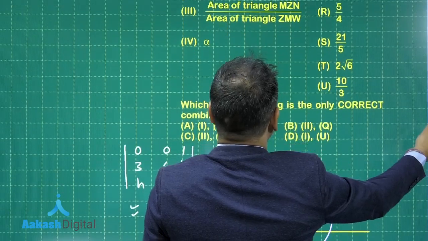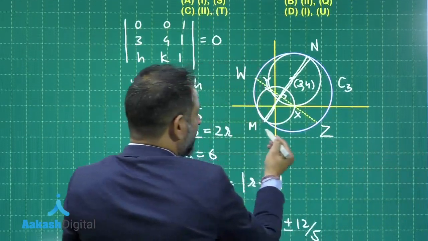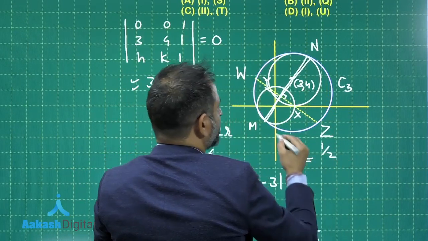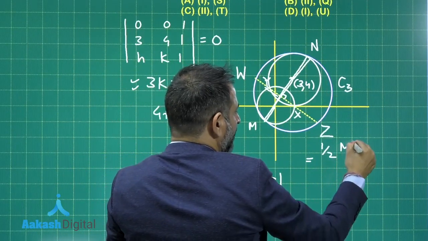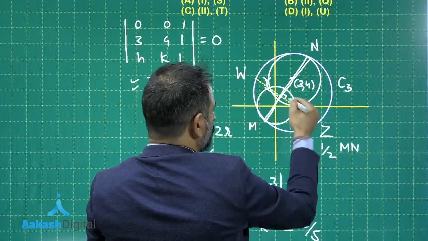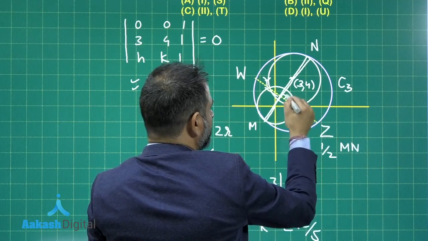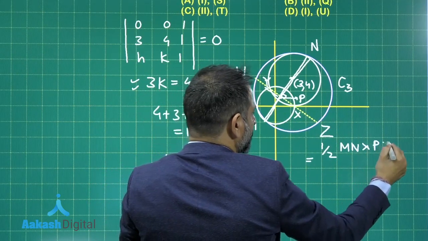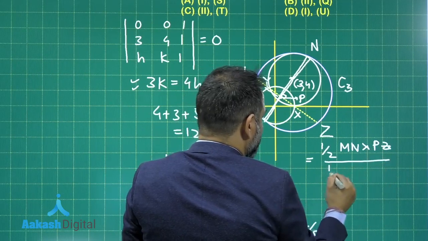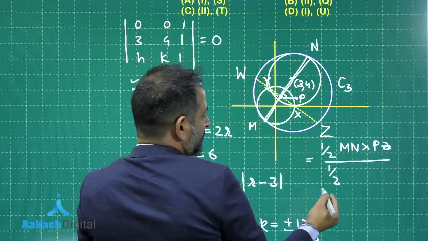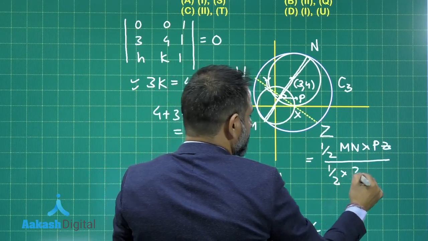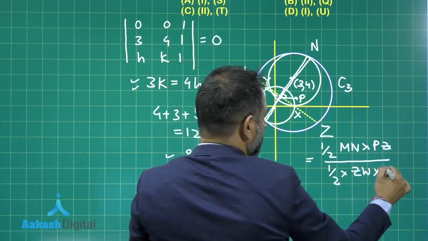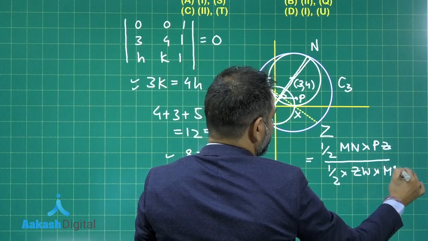So if you want to calculate the area of MZN, look here. The area is half MN into ZP. Let's say this point is P. So it is PZ. And again the area of this triangle is half ZW into MP.